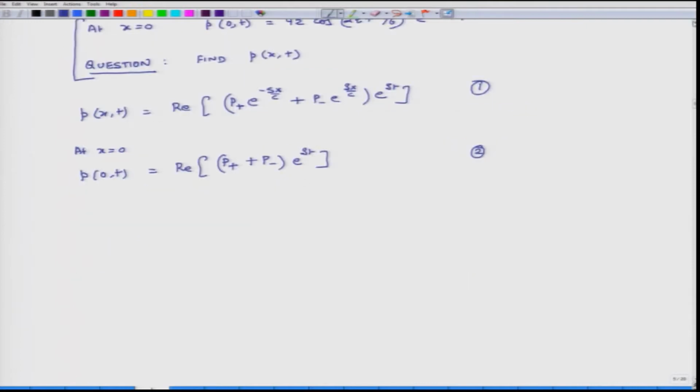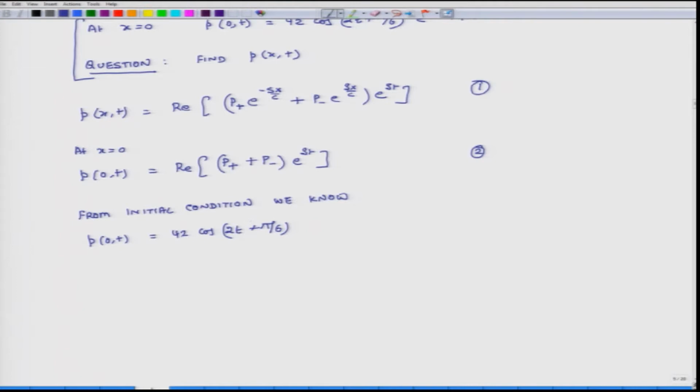Now, from our initial condition, we know that P of 0 t is equal to 42 cosine of 2t plus pi over 6.